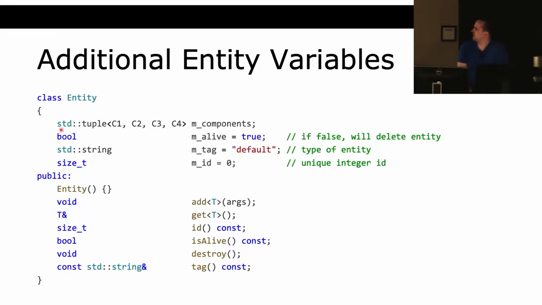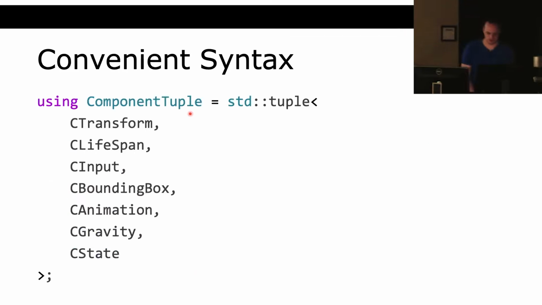Up here you see I've got a standard tuple of one component, another component, another component, another component. We may have a dozen or more components by the time you get to the project. And so here is a convenient syntax in C++, where we can define a new type that is equivalent to some type that we don't want to type out all the time.